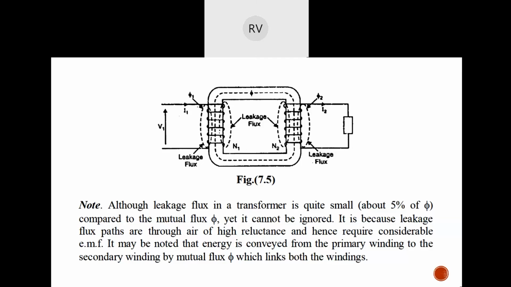So if you take a ferromagnetic material, it will have a low reluctance, that is, it will allow the flux to pass through easily, whereas air doesn't allow the flux to pass through easily, because of which, in order to make the flux pass through air, we need a large amount of EMF. So because of which we will be having losses. Okay, so the loss of the voltage, not anything else, you will be having a loss of EMF.